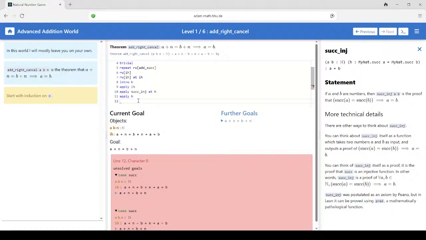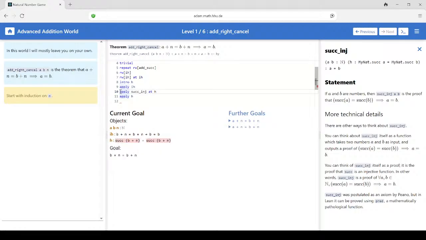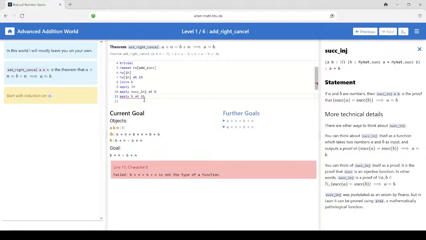It never ends. What's going on? What? What's this now?